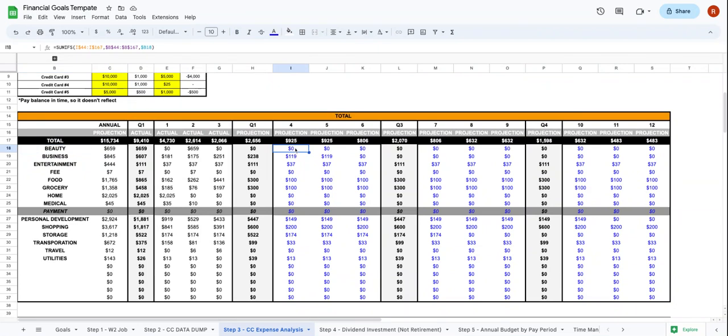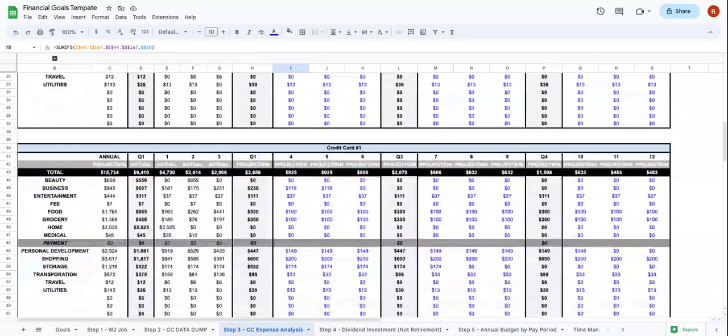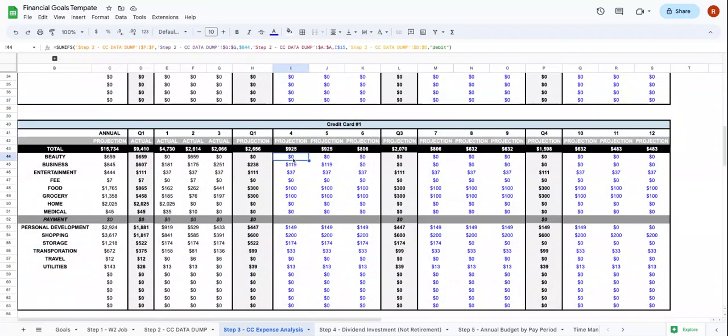So overall, this is the sum of the total cards. Let me scroll down. If you go into card one, this should actually just be zero. That's what I'm going to do.